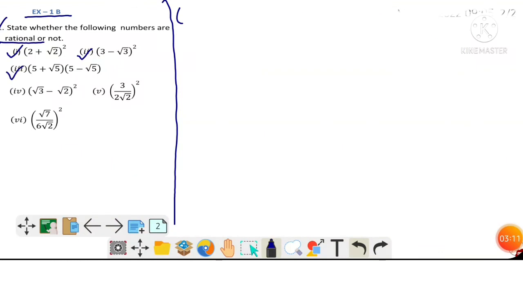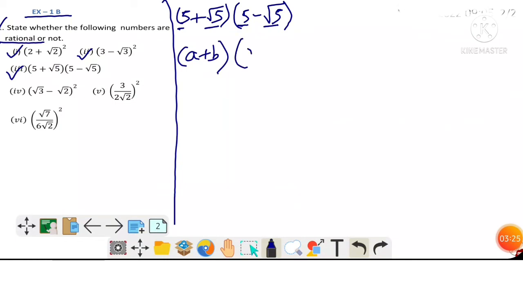Next question, question number 3. We have 5 plus root 5 into 5 minus root 5. So see this question properly. It is in the form a plus b into a minus b. A here is 5 and b here is root 5. So it is a square minus b square.